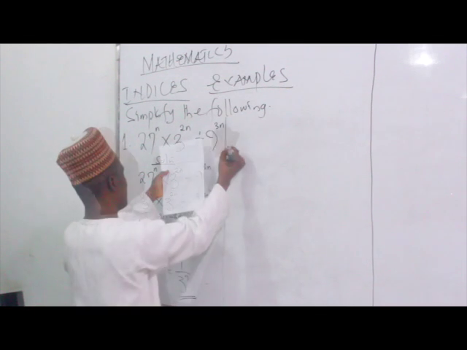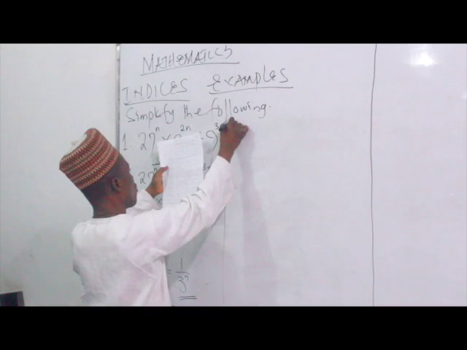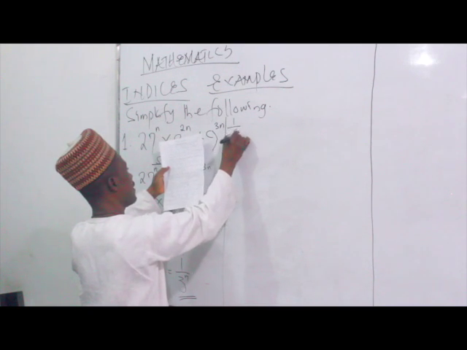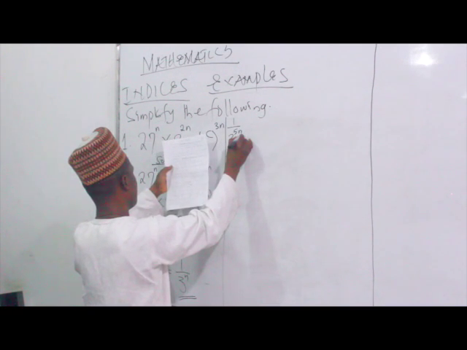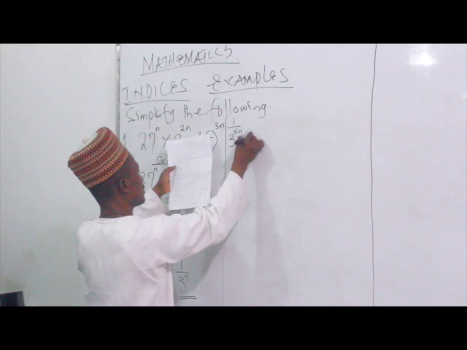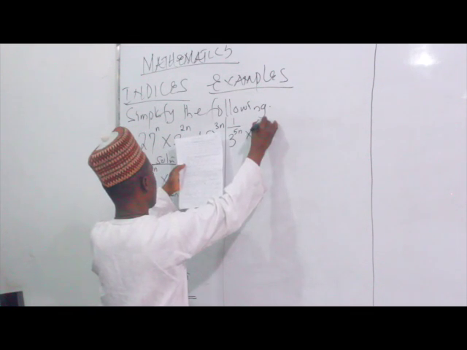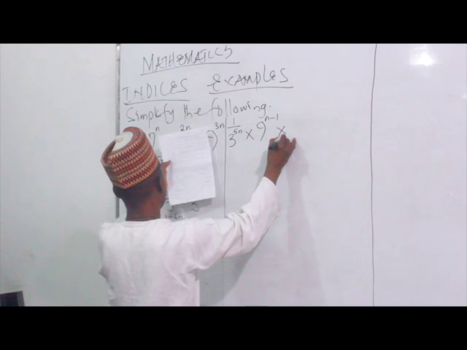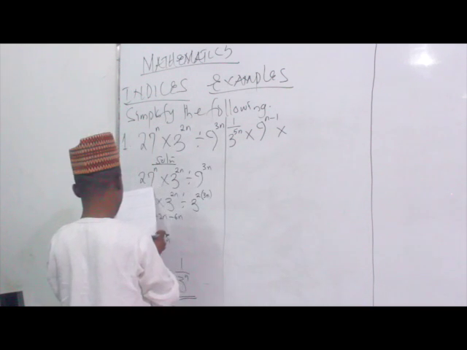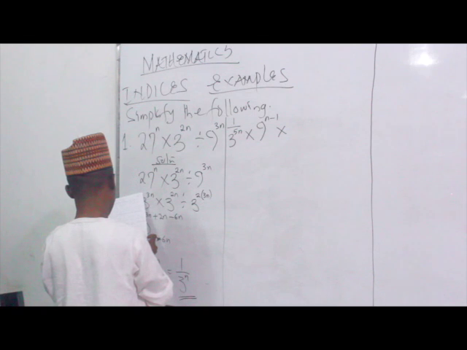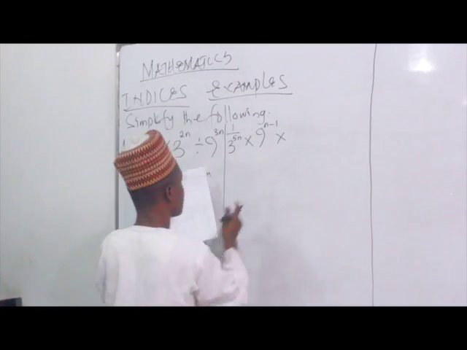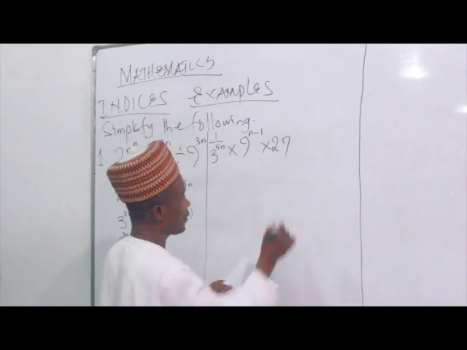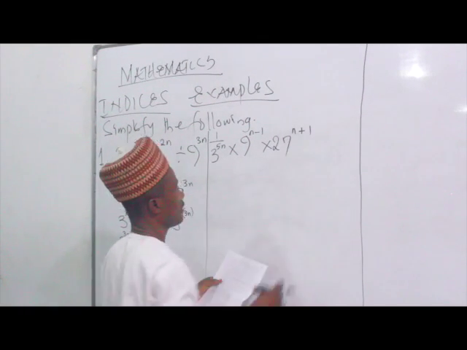Example 2. 1 over 3 raised to the power of 5n times 9 raised to the power of n minus 1 times 27 raised to the power of n plus 1.